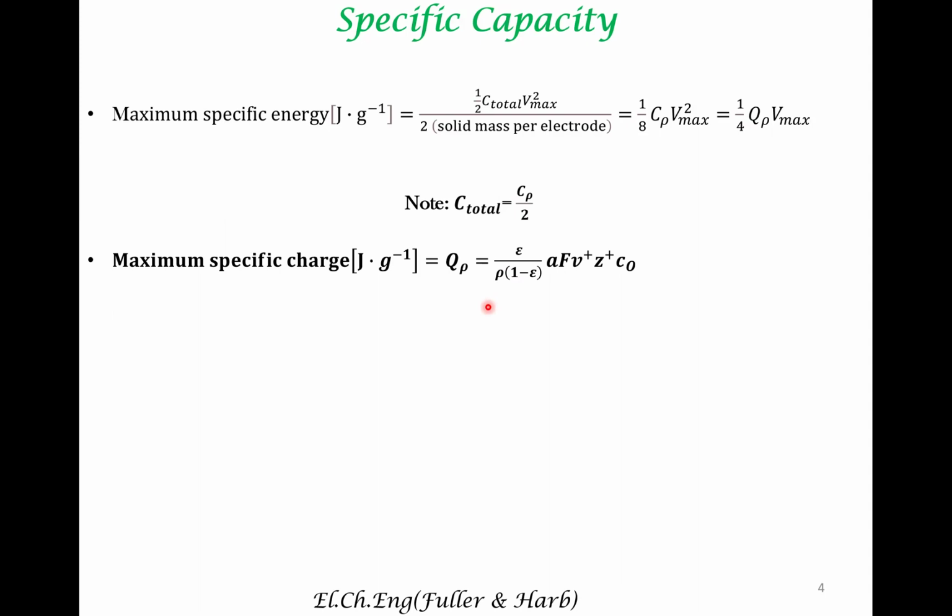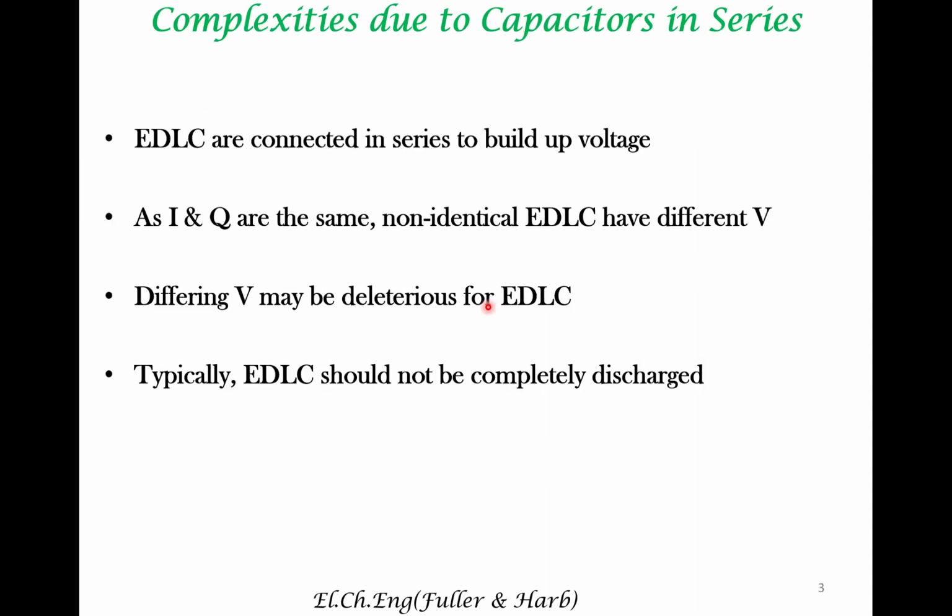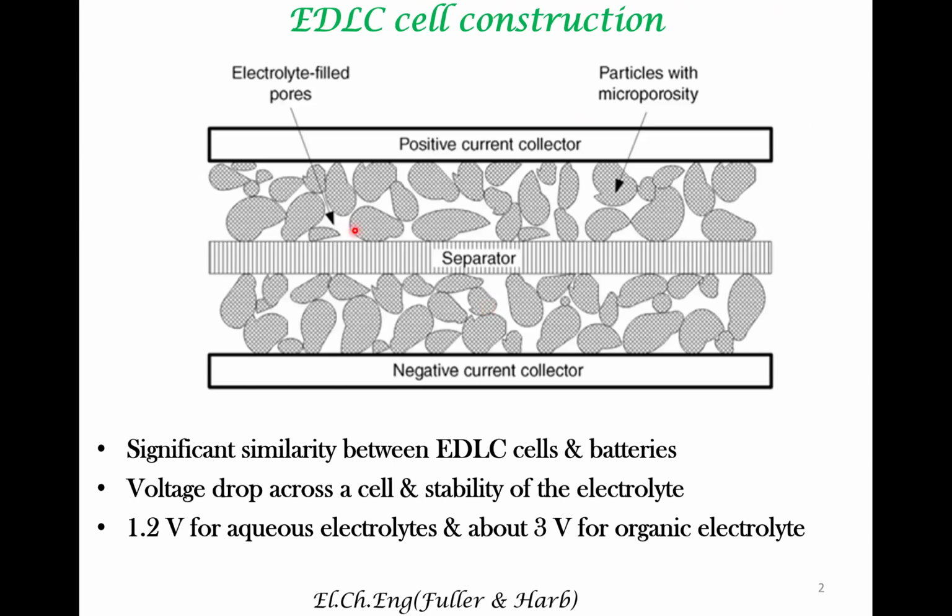When you have, let's say, an EDLC, corresponding to charges in the electronic conductor, there is a counter charge available. Even though the electronic conductor has a negative or positive charge, corresponding to these charges on the electrolyte side, you have counter ions that are present.